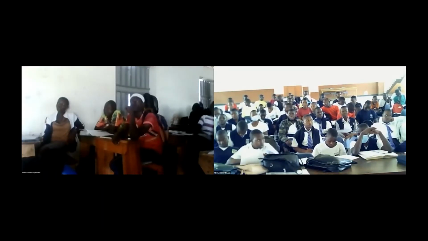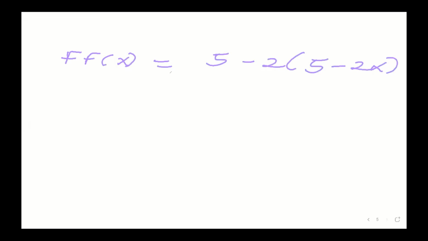We were finding f of f circling x, and we got 5 minus 2 into bracket 5 minus 2x, whereby this -2 has to affect every number here inside.